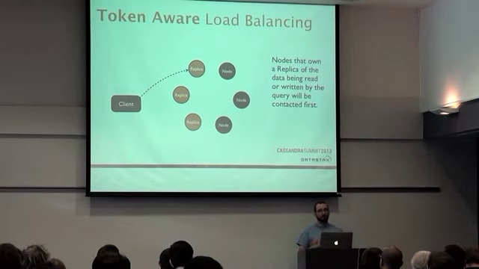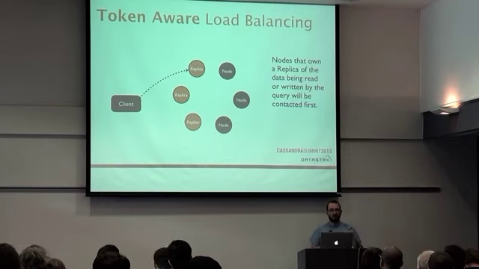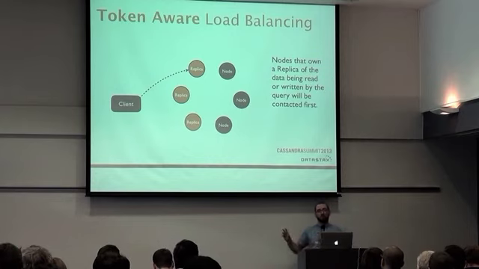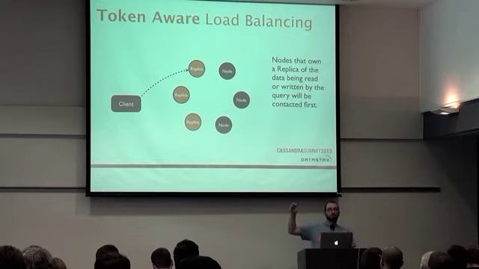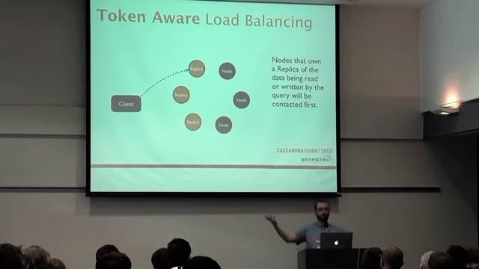The last point of architecture about this load balancing strategy is that you can actually make it token aware, and that's very interesting because that means that you can ensure that the driver will push the request to a coordinator node that actually owns a replica of the request you currently consider.